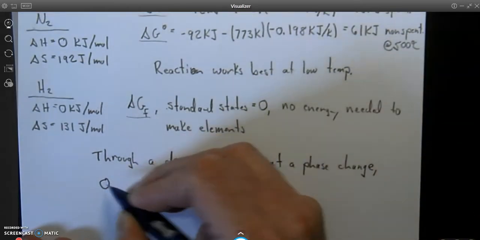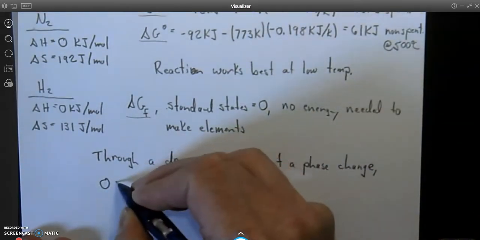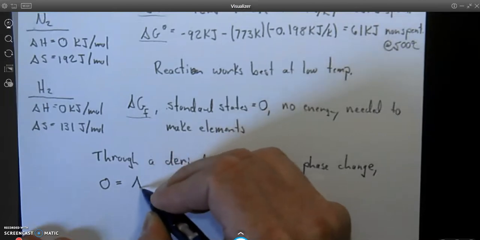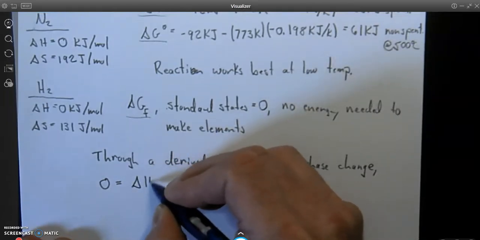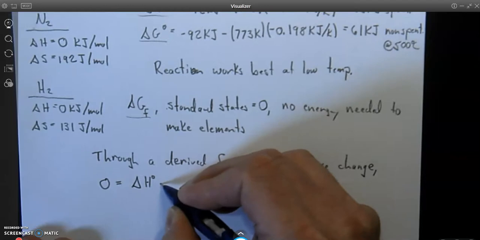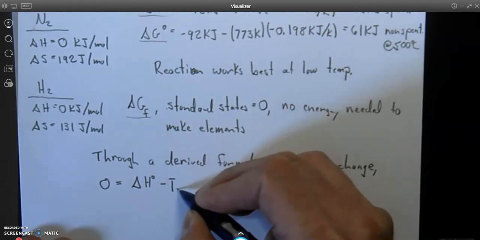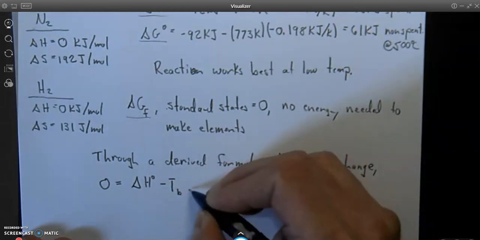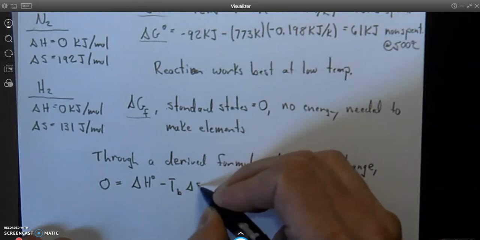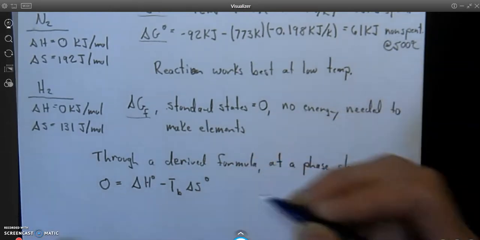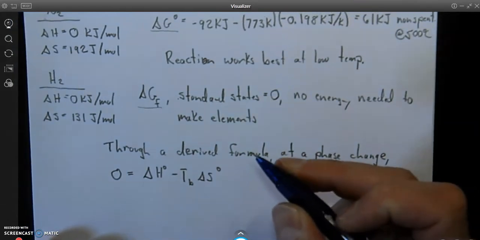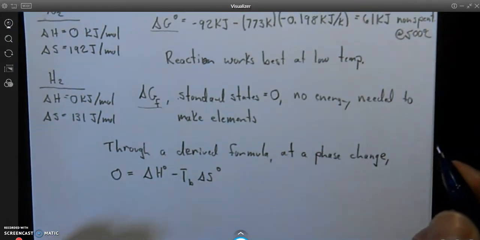That means delta G is going to be 0. We're at equilibrium, phase change. And if we're looking at the delta H minus T, and we'll put B in here for the temperature of boiling, just as an example, we can use this formula as kind of like an estimate to figure out what temperature that would be.